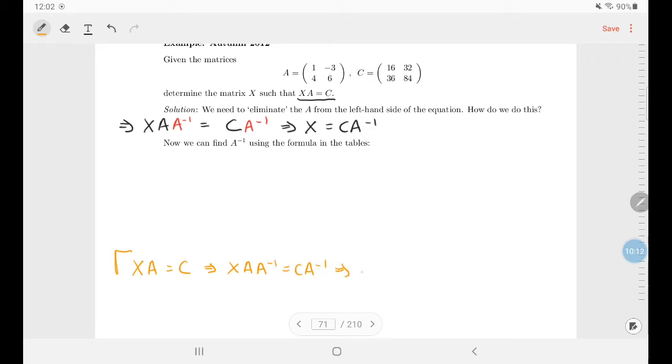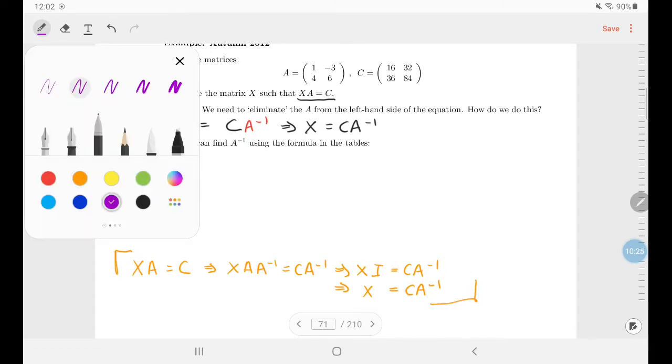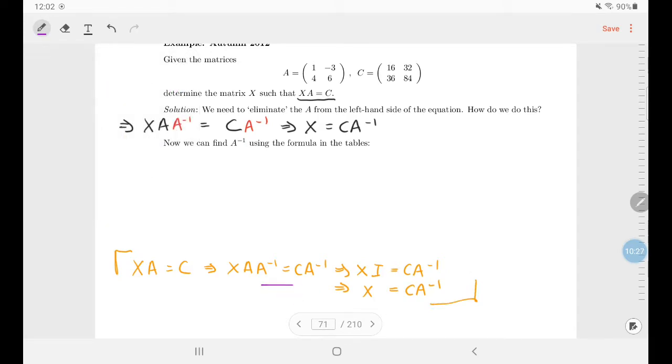Therefore, A times A inverse is equal to the identity. So xI is equal to C A inverse. And then x times the identity is just x, so x is equal to C A inverse. Now, actually, that's how I used to do it. But I think it's easier just to go straight from here to here and skip this line. But you can include it to help you understand.